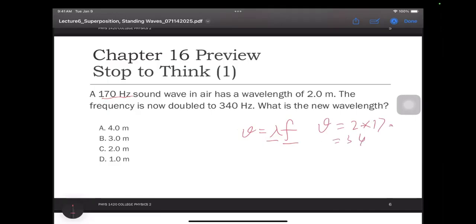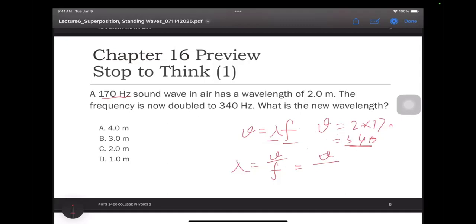And then the frequency is now doubled to 340. What is the new wavelength? The new wavelength equals the velocity divided by the frequency. The velocity is the same for the sound wave, am I right?